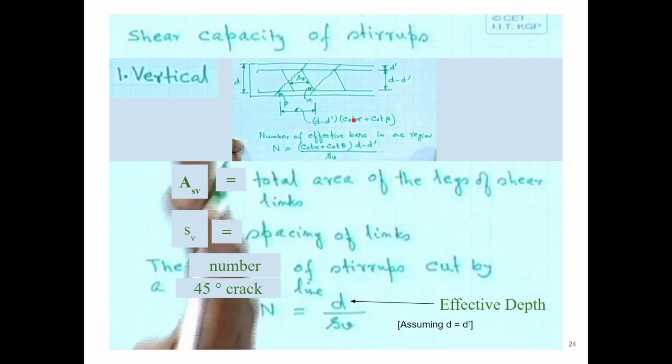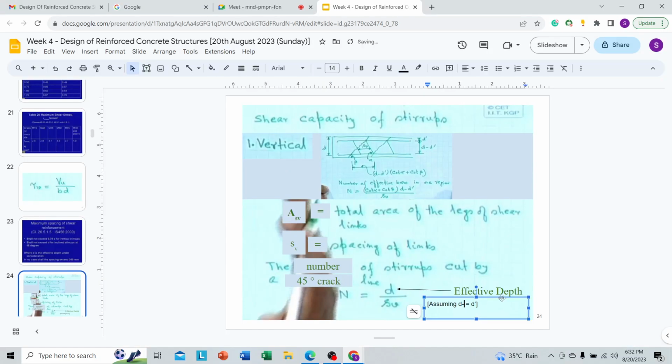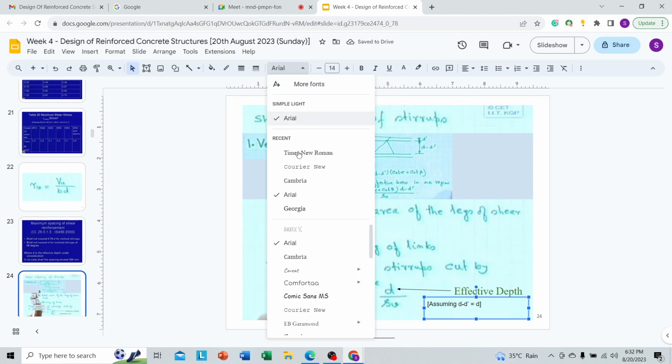Now, because this d prime value is much less as compared to d minus d prime, we can assume that d minus d prime is almost equivalent to d. Sorry, I have written this wrong. So d minus d prime will be equal to d. I forgot to write properly, I'm sorry.